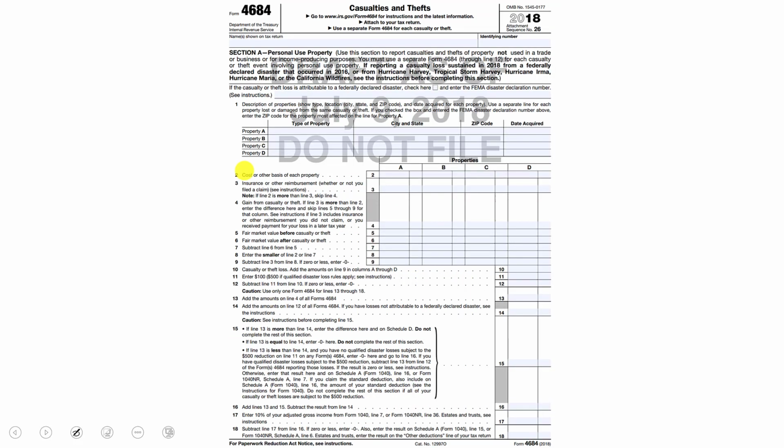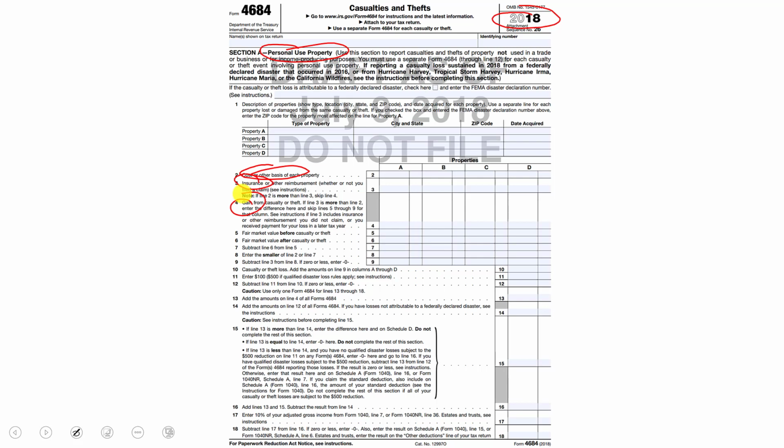Another topic mentioned in chapter 3 is casualty losses. The rules have changed for 2018, where personal use property, you cannot claim losses. Now keep in mind that if you have insurance and you collect more than the adjusted basis of the property, there is a gain to report.